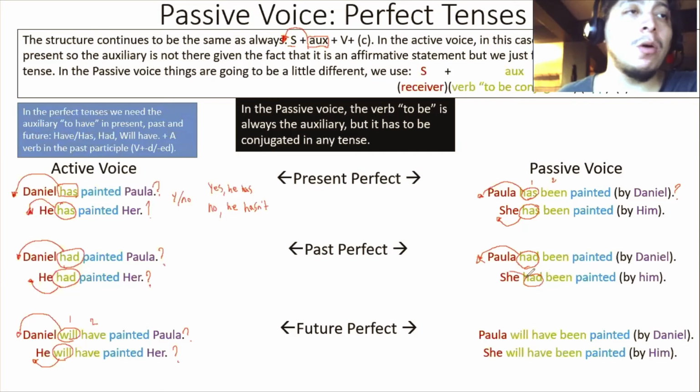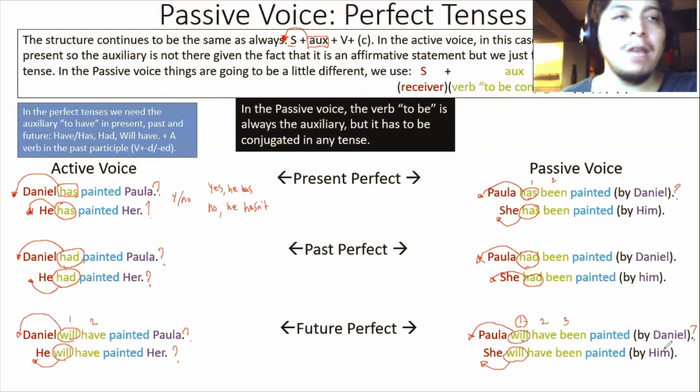Yes, she had, or no, she hadn't. What happens when we have 1, 2, 3 words? Remember that only the first one takes the negative? Again, only the first one switches positions with the subject. You don't switch the 3 words, only the first one. So, will Paula have been painted by Daniel?